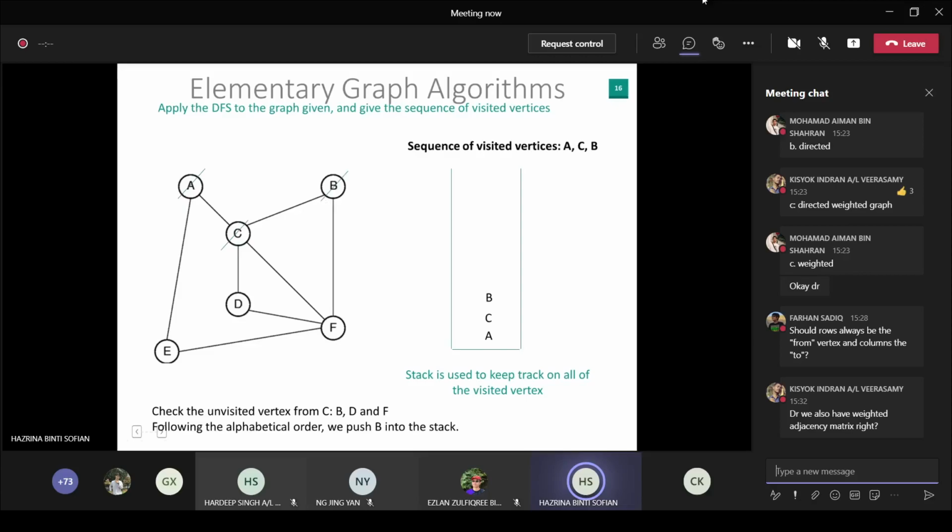Currently the sequence of visited vertices is A, C, and B. I think if you understand this, then you should understand the rest of the DFS.